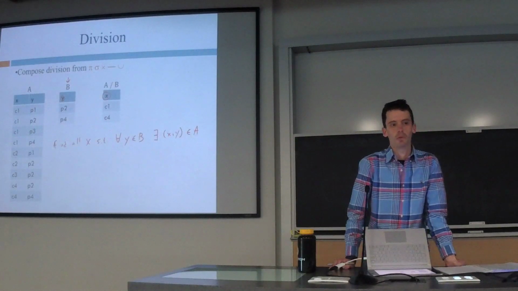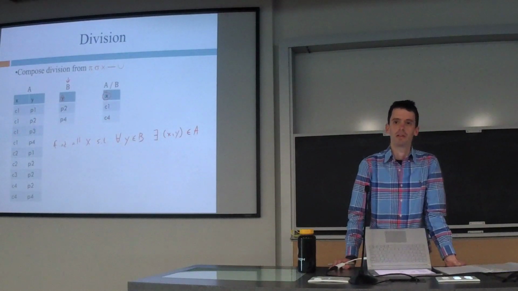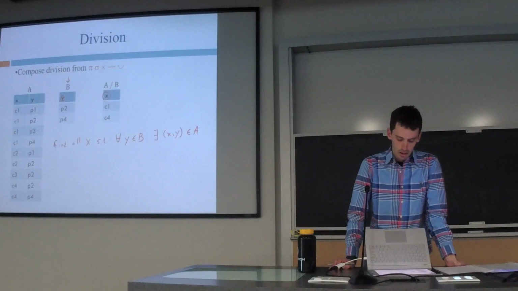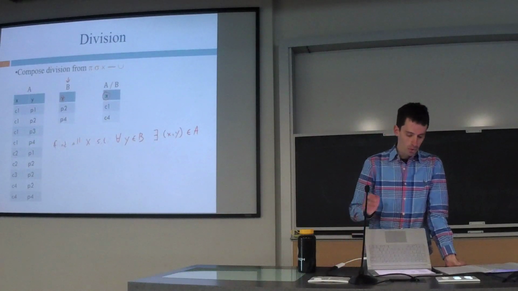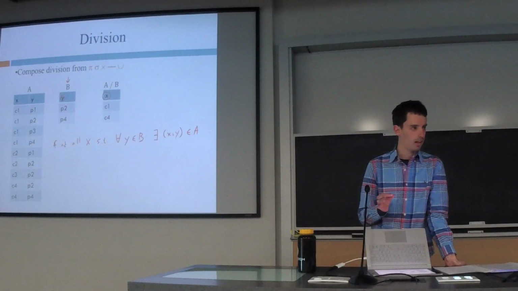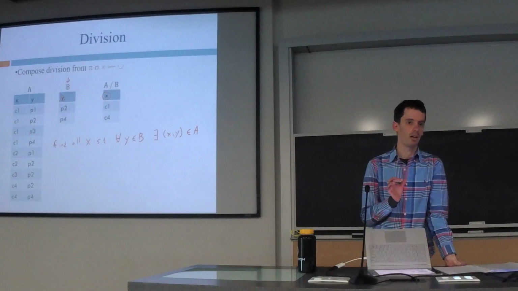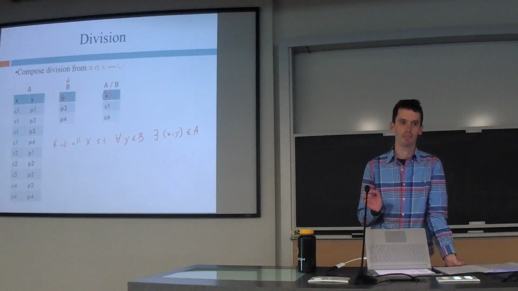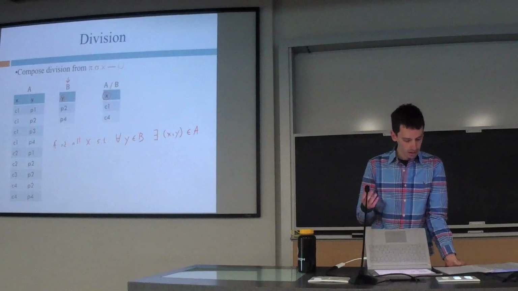So that's the formal definition of what we're trying to do with the division operator. For every Y in B, we're trying to find, is there an XY pair that includes that Y?